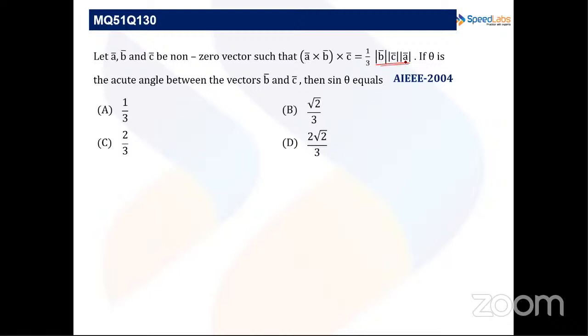There might be some printing mistake in this, because the cross product will give you a vector quantity and not a scalar quantity, and here we are having all the scalar quantities.